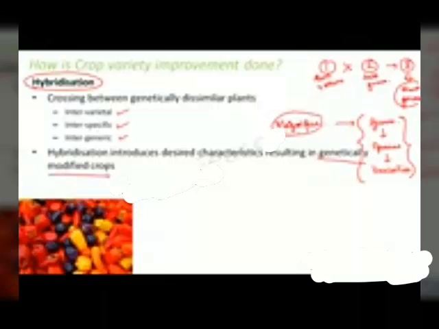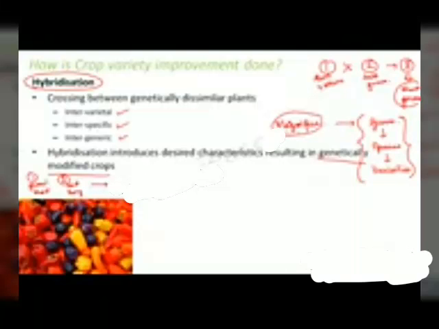So now let us take this example of a capsicum. Let us suppose you have one capsicum which is green and short, because you will see that they come in different sizes. Some are short, some are very long. So suppose you have one capsicum which is green and short, and another capsicum which is red in color and long, right?